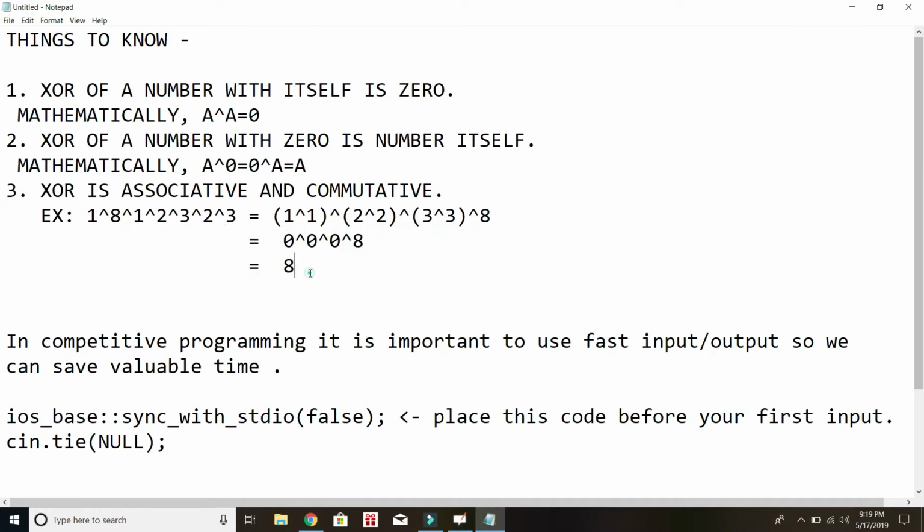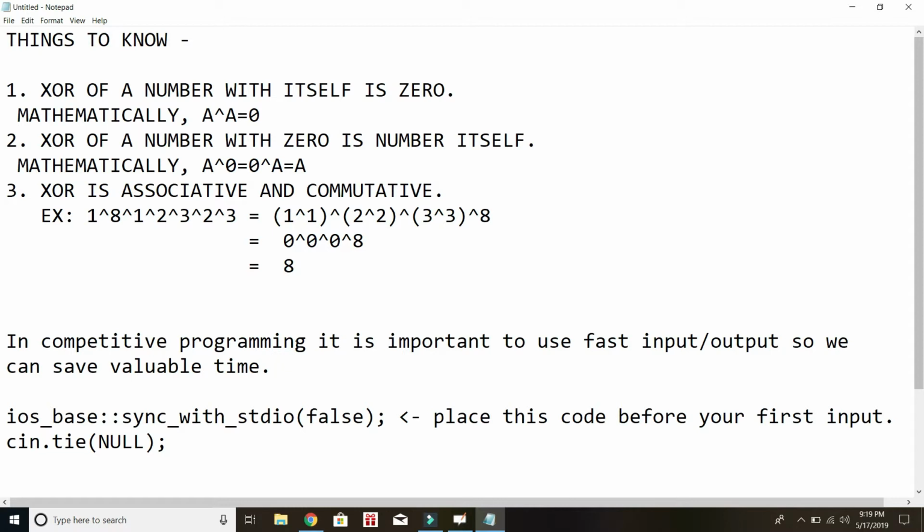But one problem you will encounter in this case is that you will get an error of TLE, that is time limit exceeded, on SPOJ. So people who are doing SPOJ, you need to know one thing in this problem, that in competitive programming it is important to use fast input output so we can save valuable time.